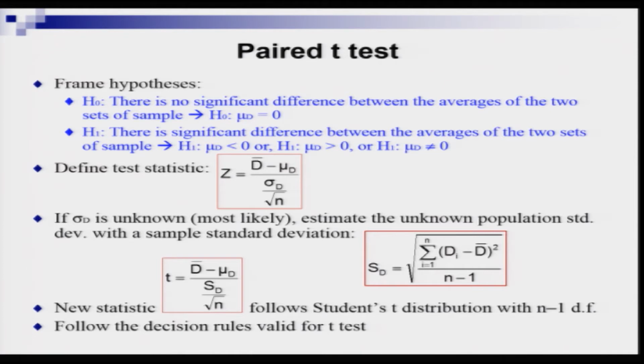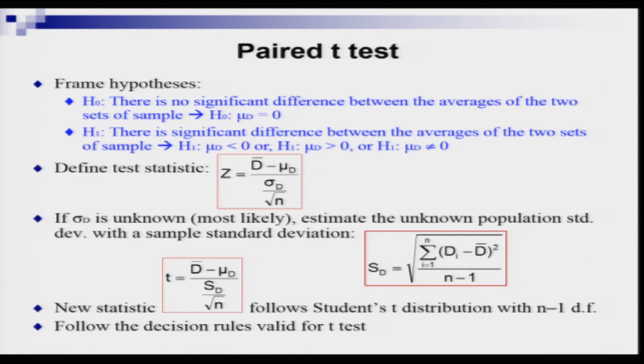So, if you work with the above shown null hypothesis, then mu d will of course take value 0 when you compute the test statistic, and this difference now shall be divided by the sigma d divided by root n. So, the sigma d is of course the unknown population standard deviation, and most likely it will remain unknown. So, then what to do?